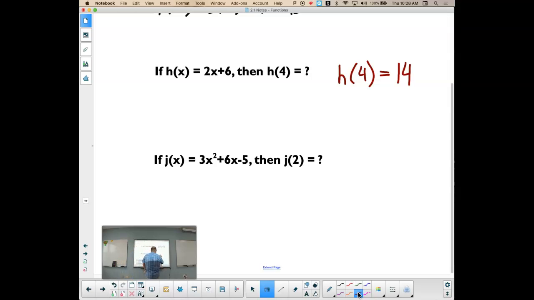On j of 2, you should have gotten 19. Okay? 2 squared is 4 times 3 is 12. So you have 12 here, plus 2 times 6 is 12 more, minus 5. So that's 24 minus 5 gets me 19. Yes? Good. Thumbs up, thumbs down. Love it. Awesome sauce. Okay?